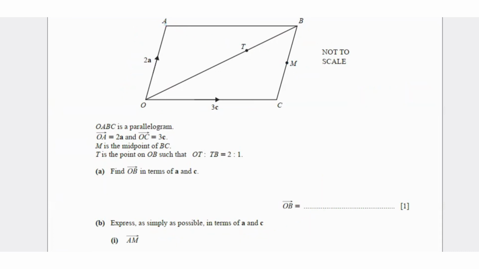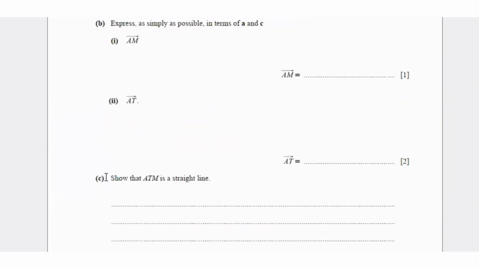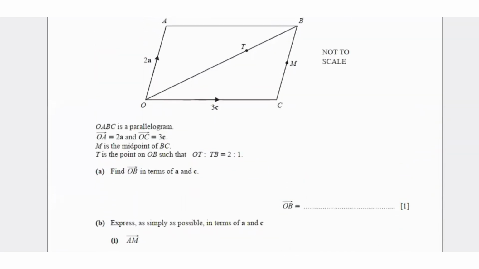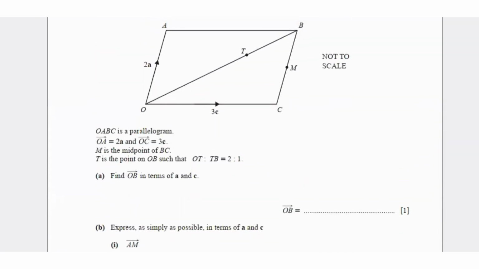Then I have to find AT. So for AT, let's draw a line again. We know that OB was 3c plus 2a.